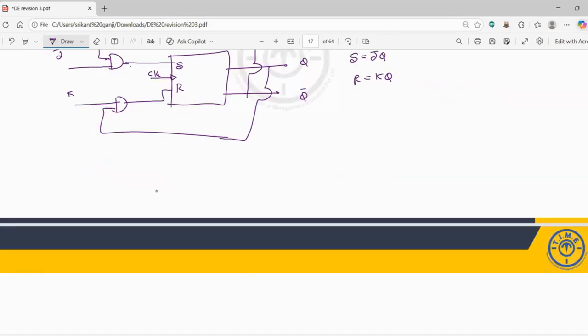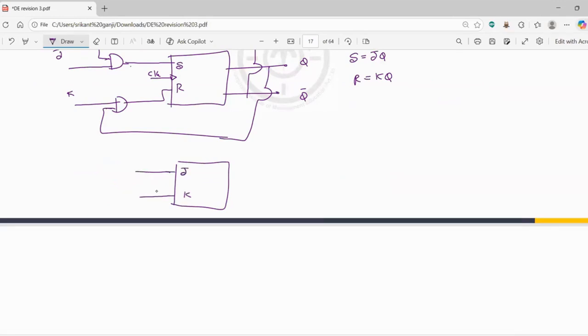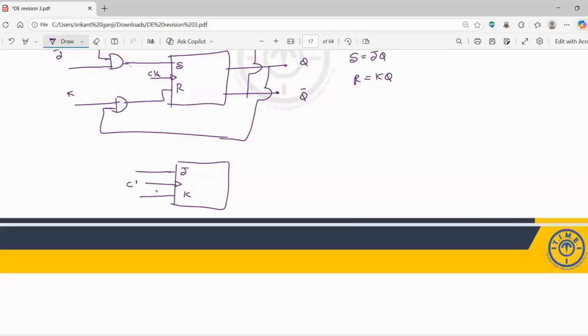Now the final diagram I can write clearly like this: the inputs are J and K, and we are giving clock pulses. The output state is Q, and another one is Q bar.